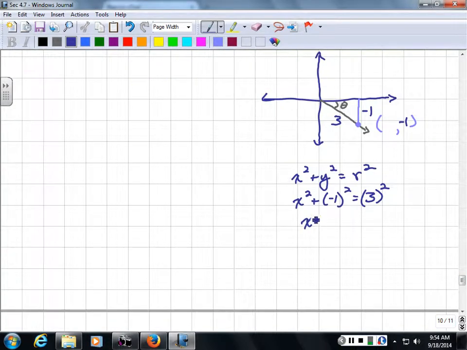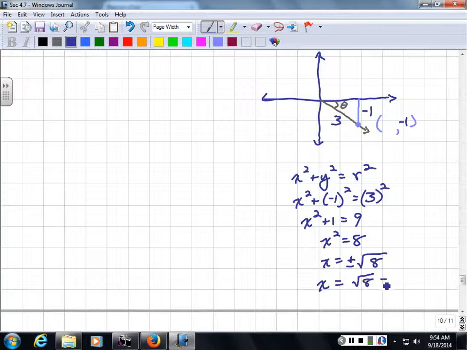So x squared plus 1 equals 9. X squared is equal to 8. X is equal to plus or minus the square root of 8. Is it going to be a positive or a negative value? Positive, because x is positive in the fourth quadrant. So therefore, x is equal to the square root of 8.